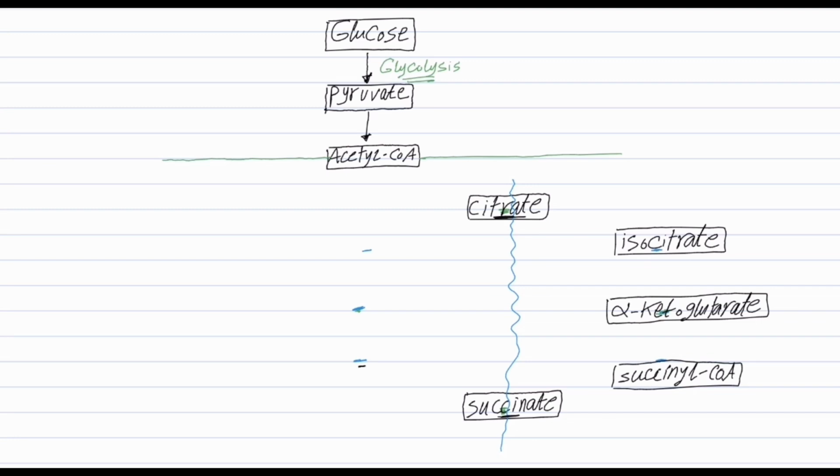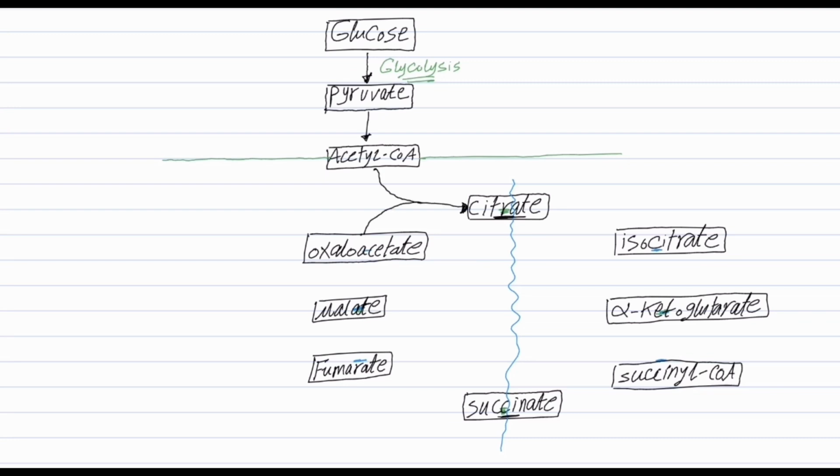Starting from the bottom, here we have fumarate, and then malate, and then oxaloacetate. And the way we get citrate again is that oxaloacetate unites with acetyl-CoA. Can you guess the name of the enzyme that makes citrate? Exactly, it's citrate synthase. Let me just connect them real quick.